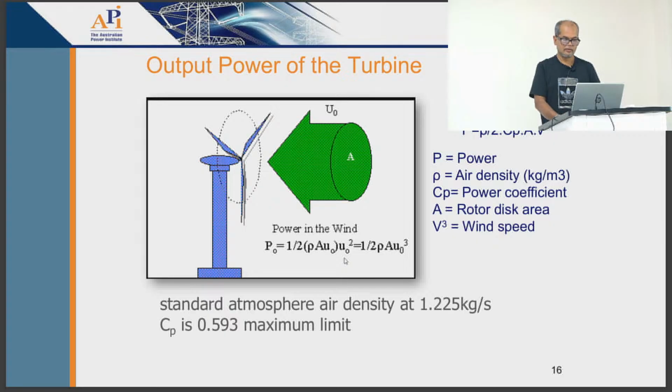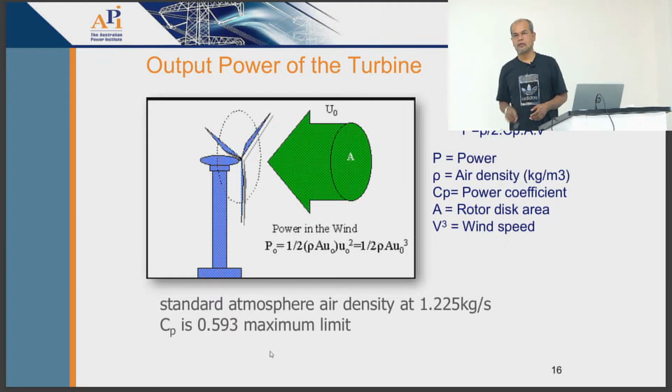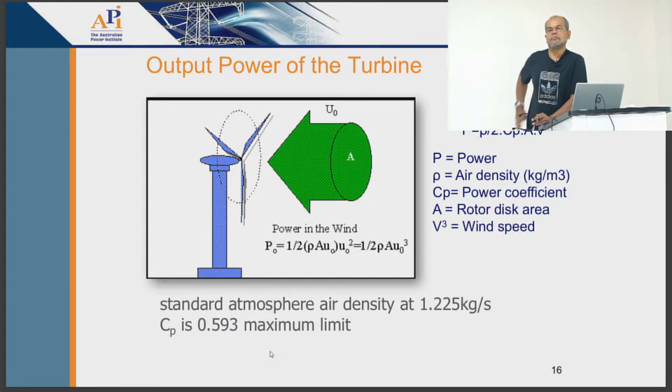Then whatever the input power is, to get the output power you need to multiply by another coefficient, which is called the power coefficient. This power coefficient has a maximum value, because from the wind we can capture a maximum of 59% energy. You never can go beyond that.